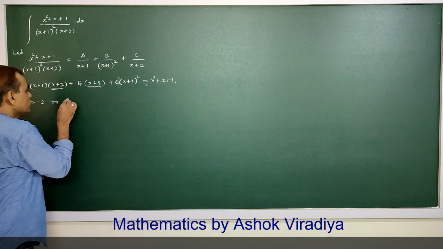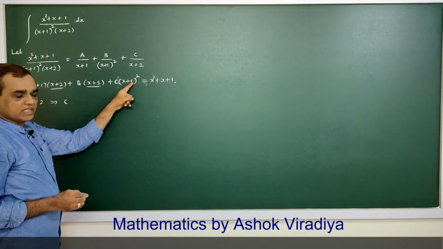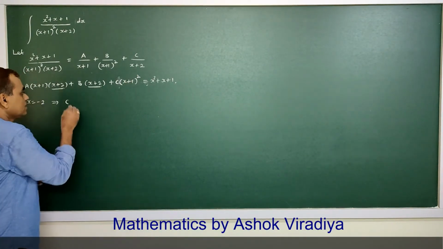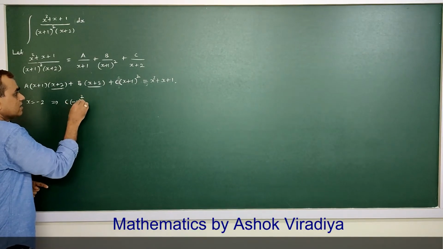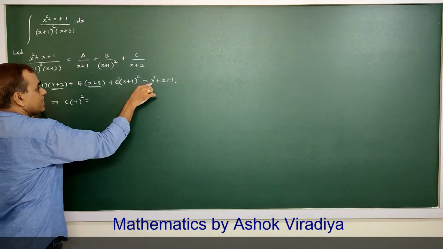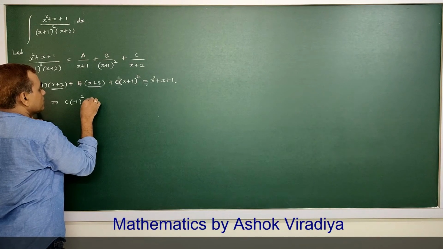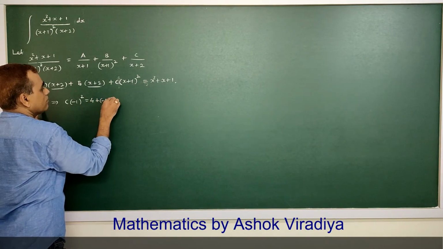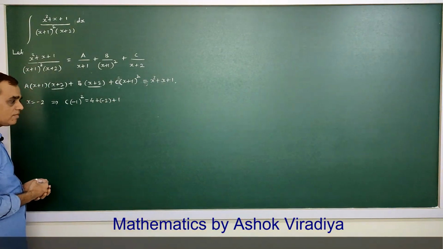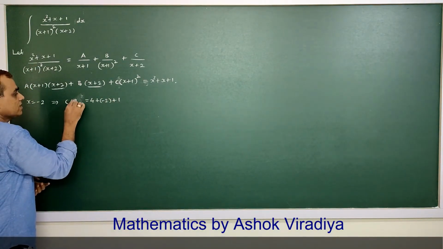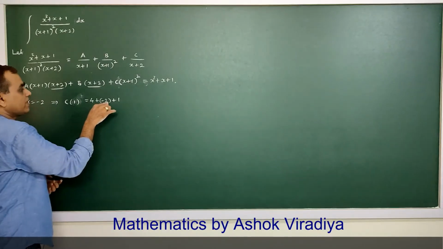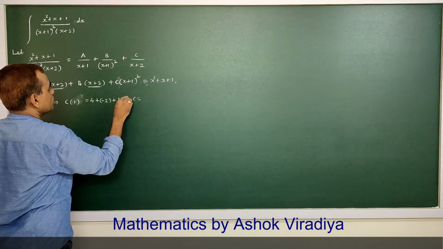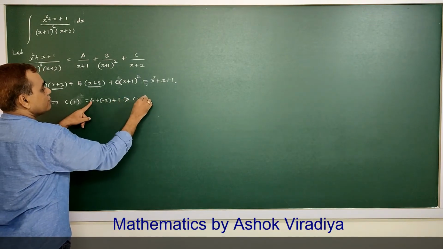So c into minus 2 plus 1, minus 1 square, that is 1, equal to minus 2 square is 4 plus minus 2 plus 1. So c into 1 equal to 4 minus 2 plus 1. So this is 3. So c equal to 3.